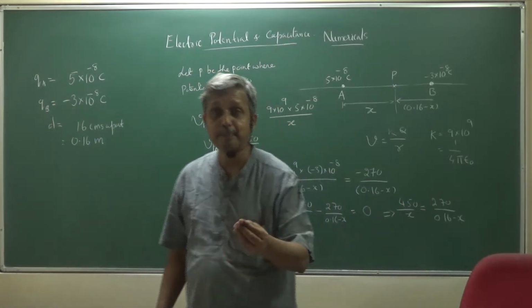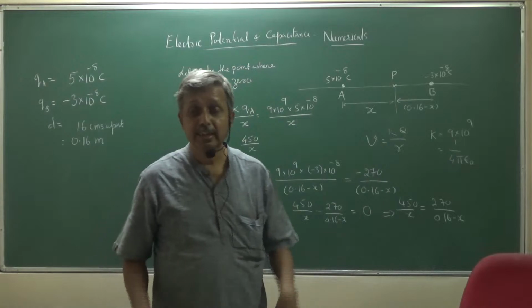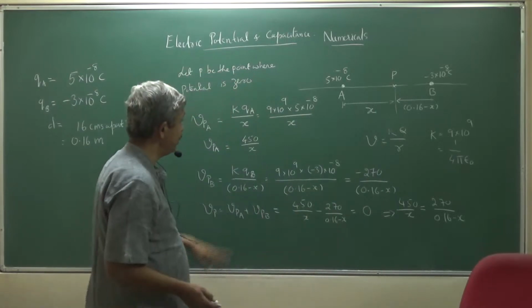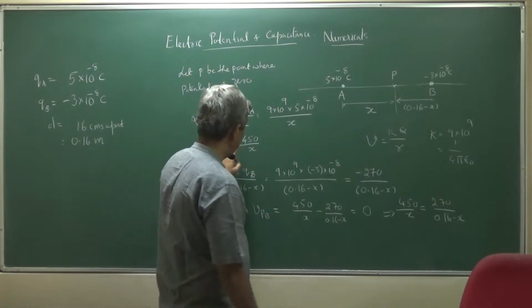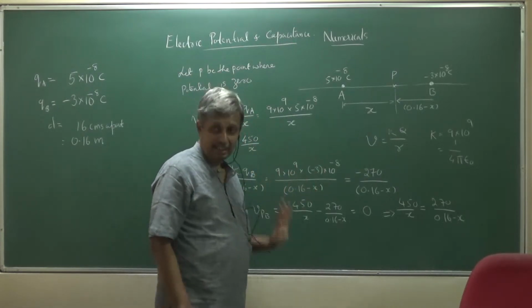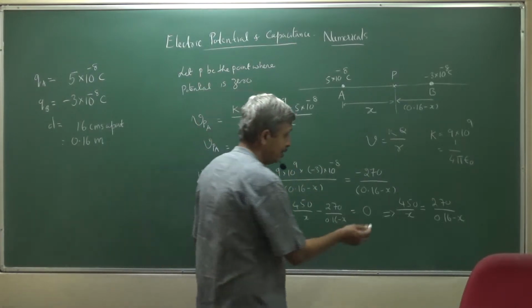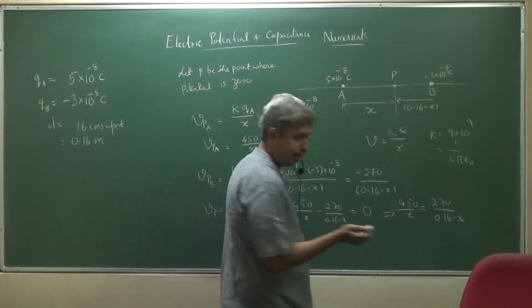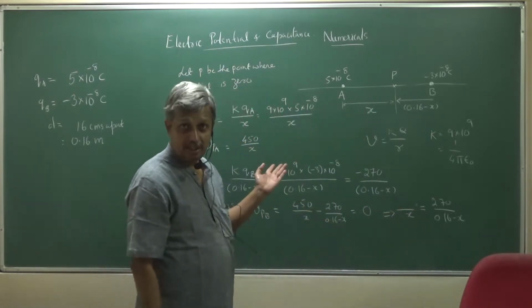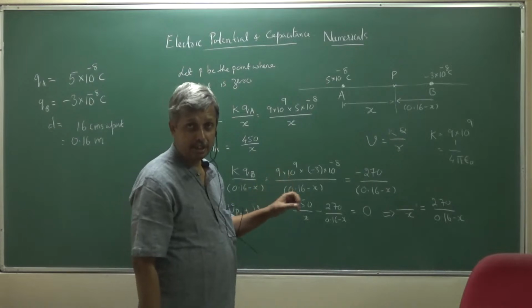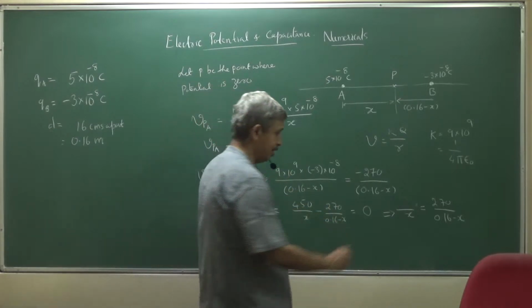This looks like a big number. Instead, if we had kept it as 9 into 5 into 10, and this one as 9 into 3 into 10, I would show you how it becomes simple if you don't immediately do the calculations and postpone them.